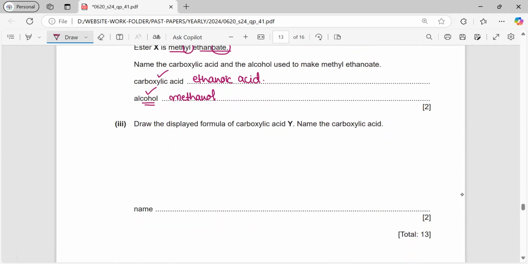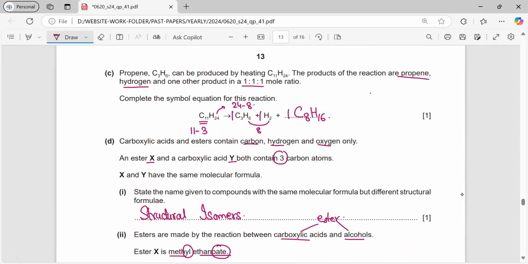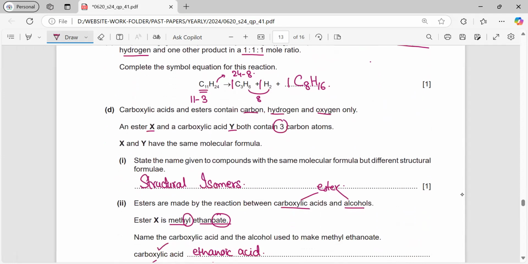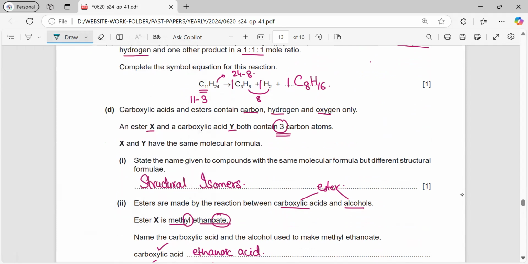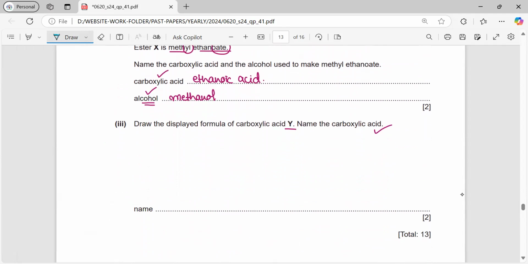Draw the displayed formula of carboxylic acid Y and name the carboxylic acid. Now, carboxylic acid Y, as it is written in the question, contains 3 carbon atoms. So, a carboxylic acid with 3 carbon atoms, its name will be propanoic acid.